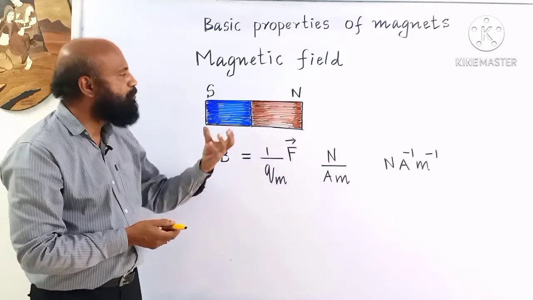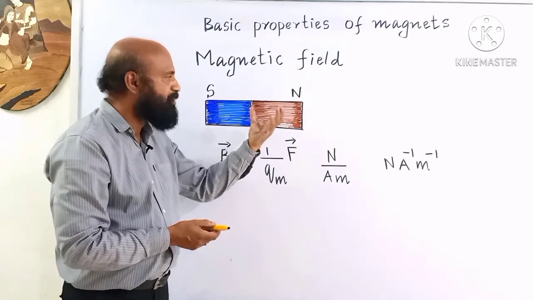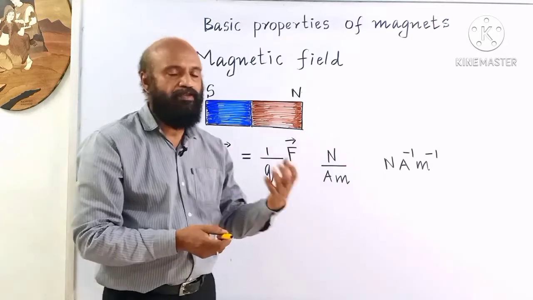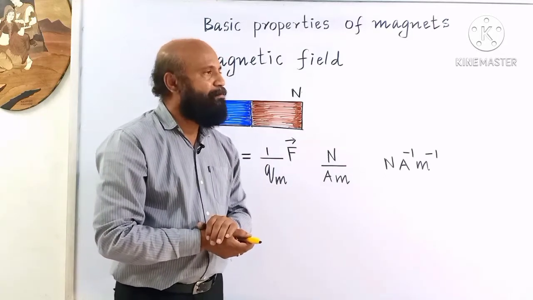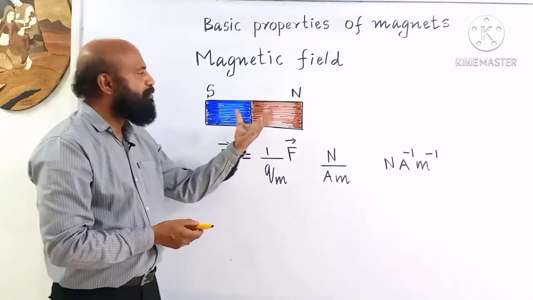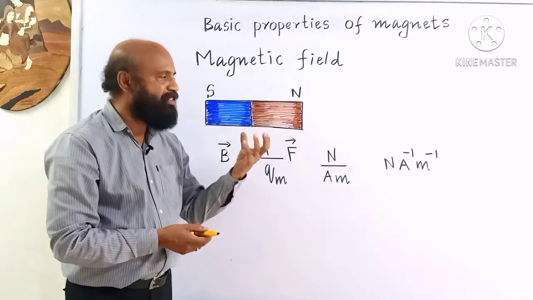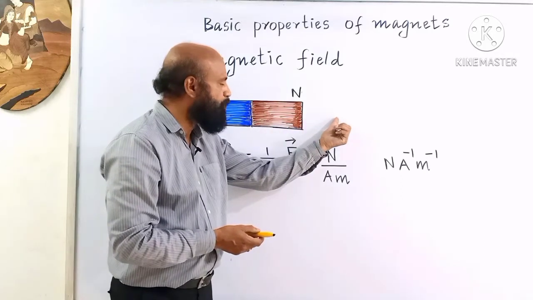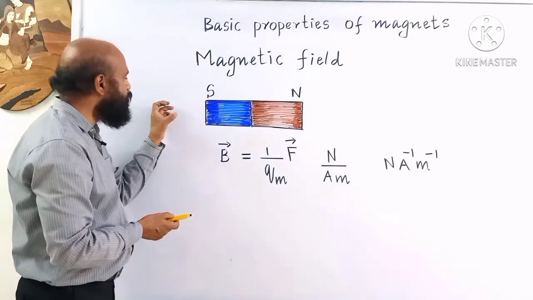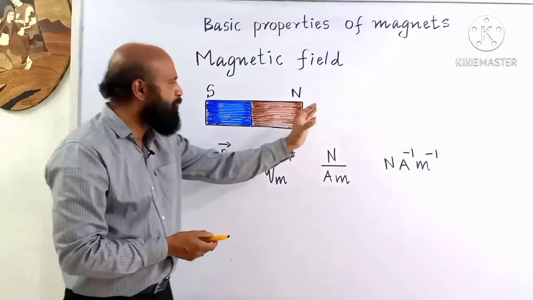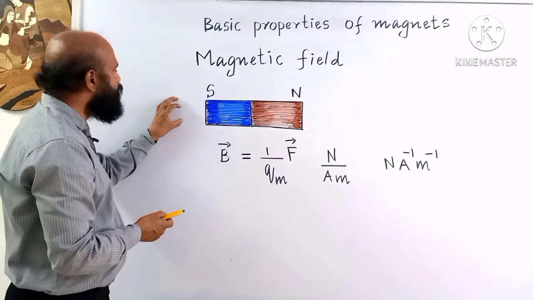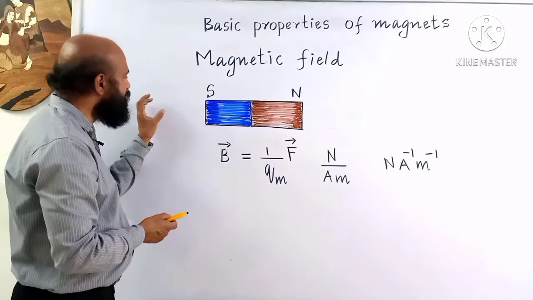In electricity, there are positive and negative charges, but in magnetism, we cannot have a north pole alone, though we can imagine one. Suppose you keep a north pole here, there will be repulsion. Suppose a north pole is kept here, there is an attraction. That means the field is to that side. Here the north pole is kept, so it is attracted.